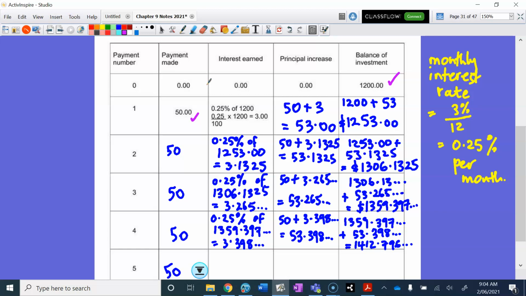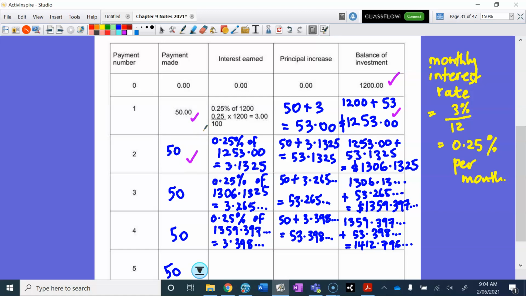Okay, so by the time the first month is at the end of the month and it's all calculated and totaled up, the $1,200 investment plus the $50 payment plus the $3 interest from the bank, we end up with a balance in the first month of $1,253. Then for the second month, you can see they make the second payment of $50.